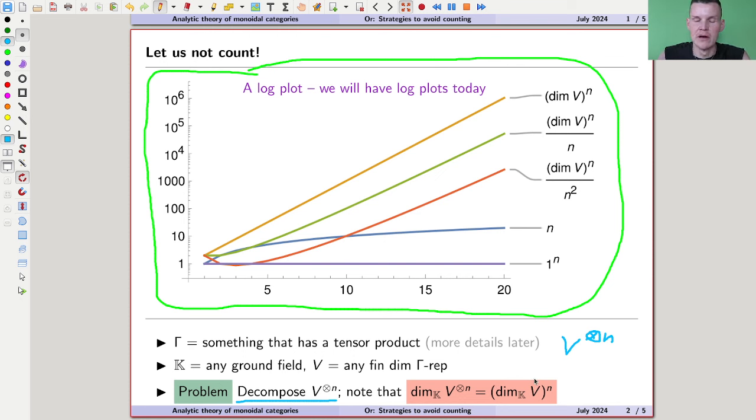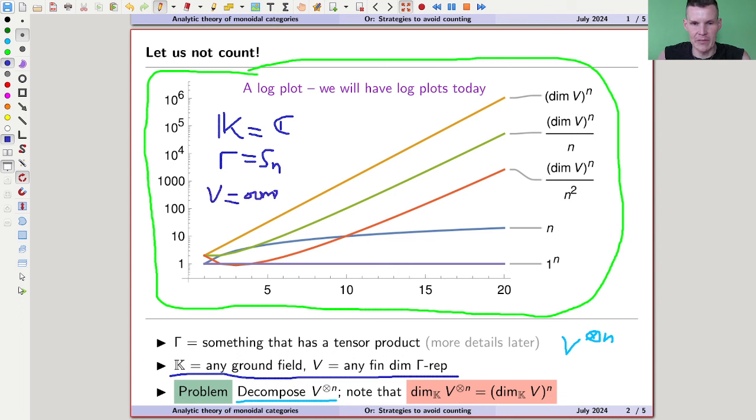Okay, and in this generality, where I work over any field and take any representations of any group, there's not much I can say. Just to give you some idea, if k were the complex numbers, Gamma were the symmetric group, and V were some rep, it doesn't matter which one, this problem is known as the Kronecker problem, and it's really difficult to say something explicit, even in this tiny case of the symmetric group.